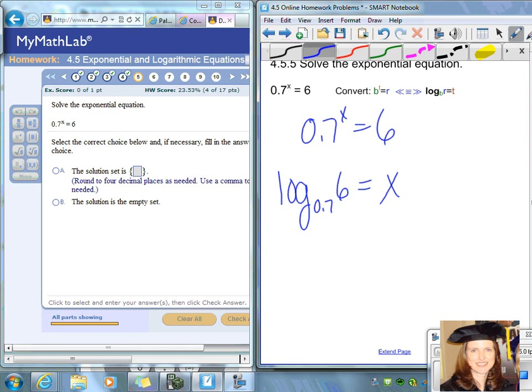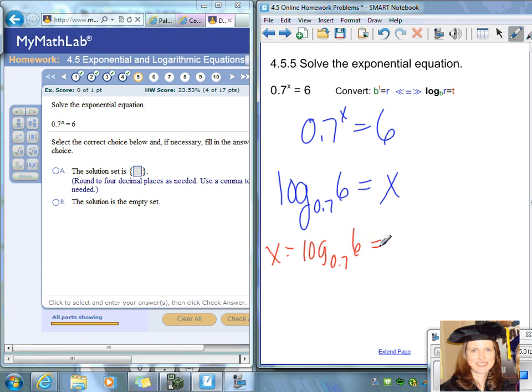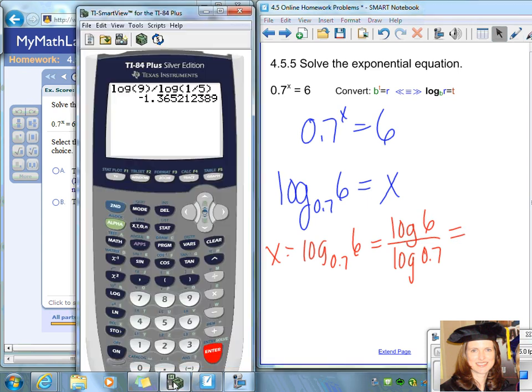So if x equals log base 0.7 of 6, using a calculator, we're going to evaluate log 6 over log of 0.7. That's the change of base formula. And we're going to round this to 4 decimal places. Log 6 divided by log 0.7.